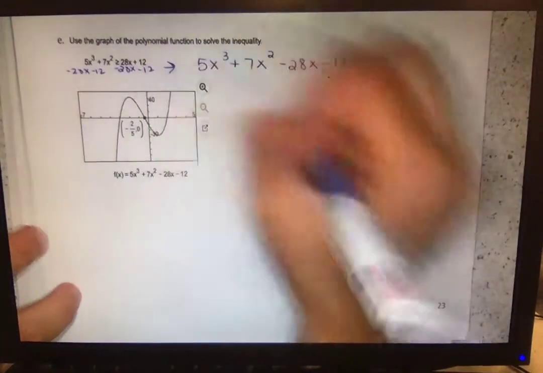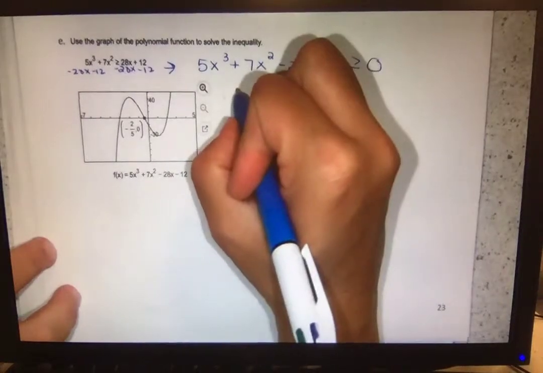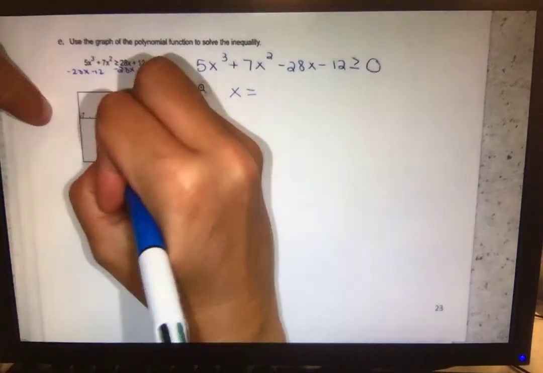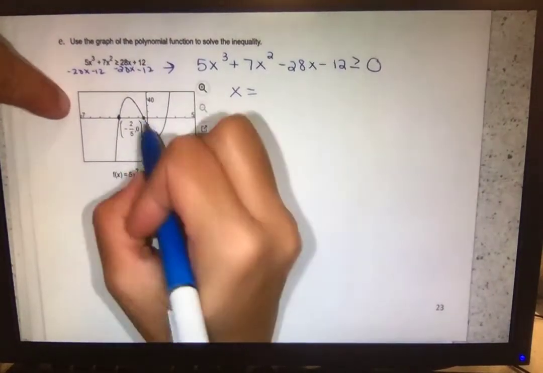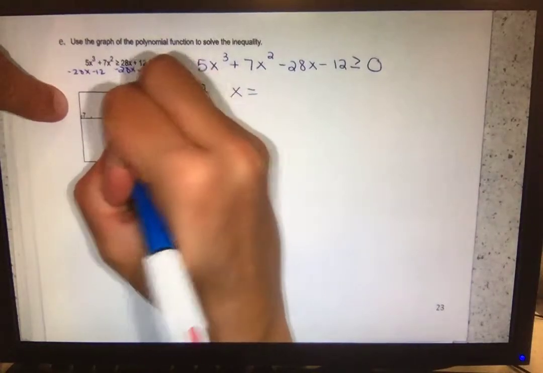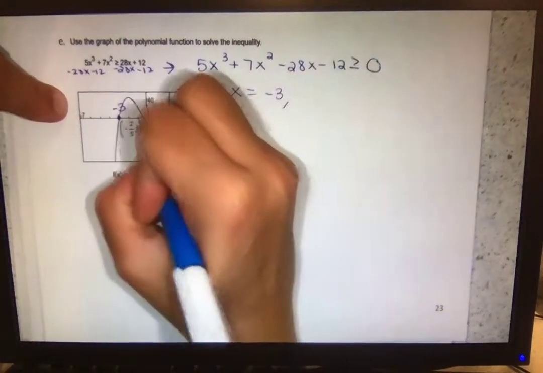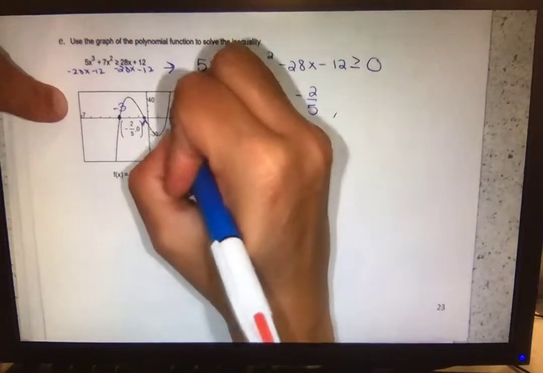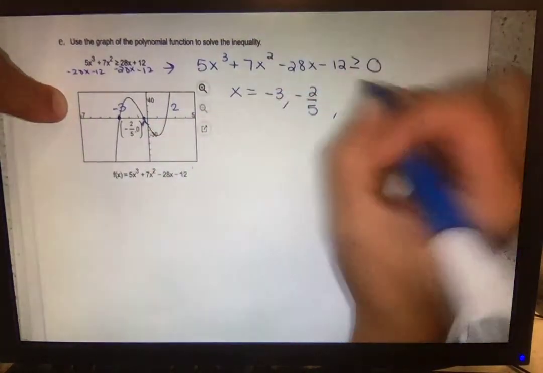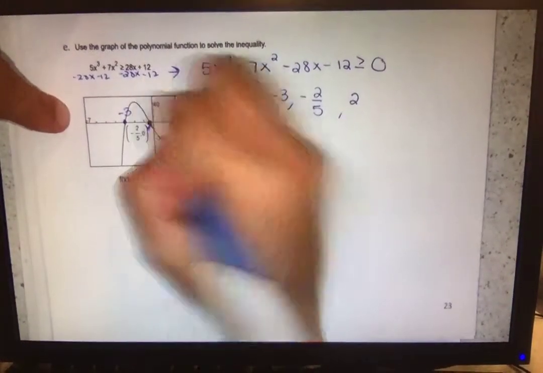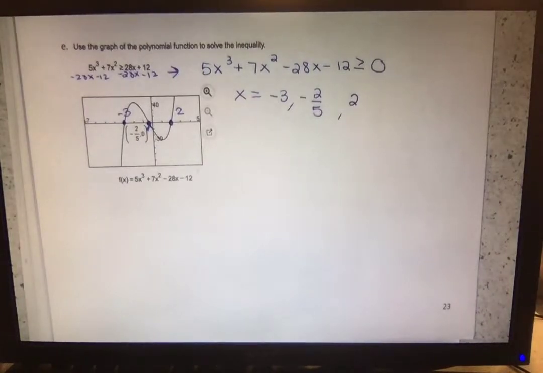If we were to solve this out, we would get x equals -3, -2/5, and +2. So it tells us the 3 x-intercepts, the 3 zeros, the 3 solutions, the 3 roots.